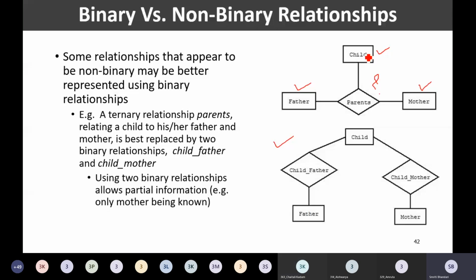So if I want to represent who is the father and who is the mother for the child, is it not possible for me to separately indicate who is the father of the child and who is the mother of the child? Is it possible? Whether these two are equivalent, the upper one and the below one. One is the ternary relationship, and now the same thing I am trying to depict using two binary relationships.